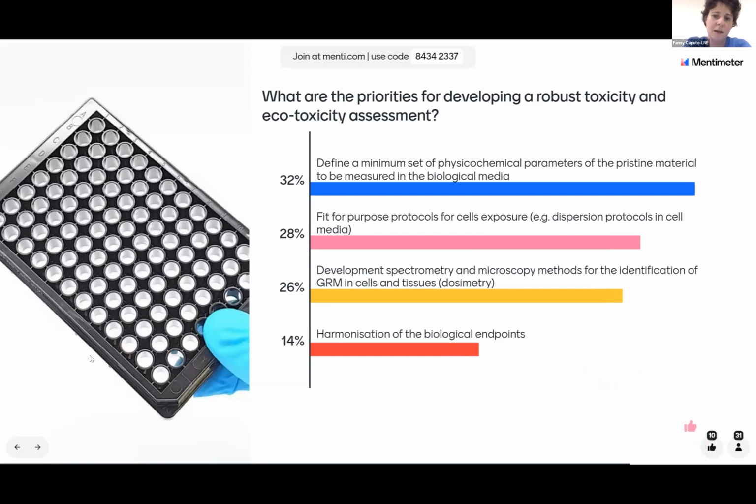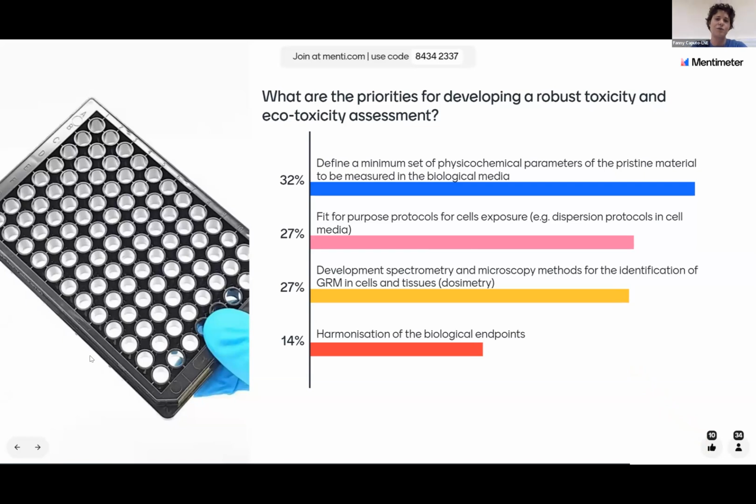By this we mean harmonizing the types of biological assays and the endpoints that are considered specifically for graphene-related materials. Again, here you have 100 points. If you think that everything is equally important, you can assign 25 to each of those. Otherwise, you can select what are the most important options for you.